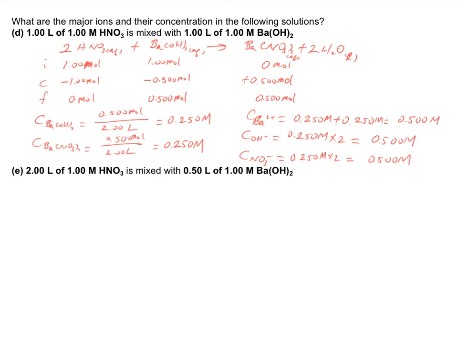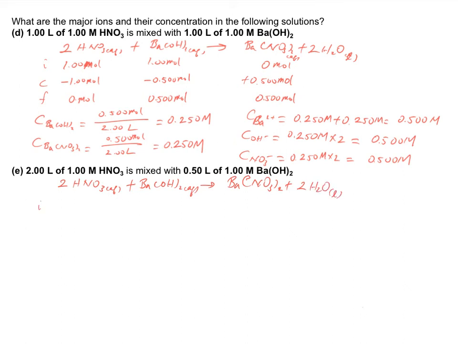Alright, so the last case: 2 liters of 1 molar nitric acid is mixed with 0.5 liter of 1.00 molar barium hydroxide. The same reaction: HNO3 in aqueous solution, barium hydroxide in aqueous solution, gives barium nitrate and water.